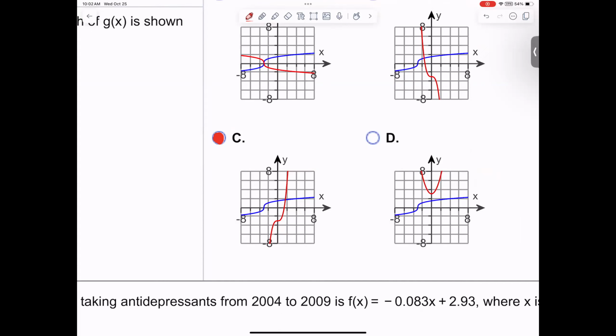Up here in the blue graph, it appears that I have a value at 1.1. So I would have to have in the red graph a point at 1.1. I don't. They are not inverses. This one over here, it looks like we got some points here, so that's okay. But it appears that the blue graph goes through someplace close to 1.